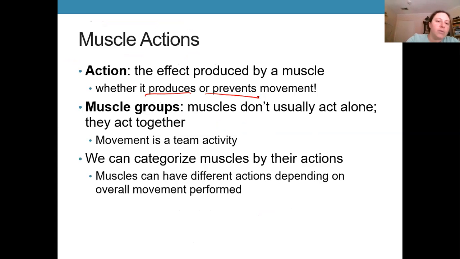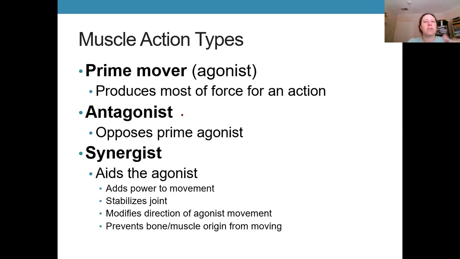So muscle groups are all of the muscles that work together to make a specific movement happen. And whichever role a muscle has in a muscle group for a specific movement, we give them different names for their roles. So the three roles that we have for muscle action.